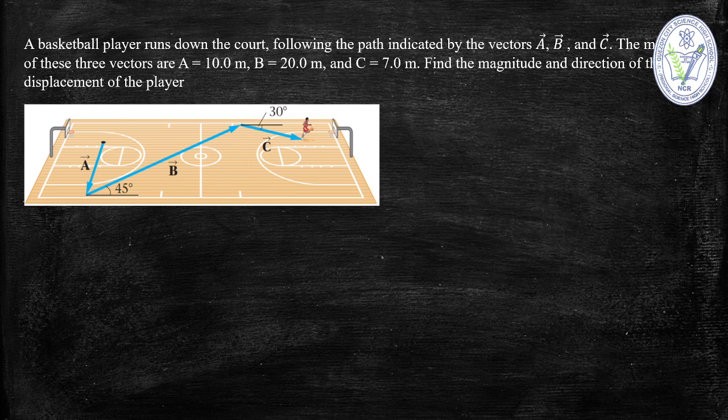A basketball player runs down the court following the path indicated by the vectors A, B, and C. The magnitudes of these three vectors are: vector A is 10 meters, vector B 20 meters, and vector C 7 meters. So we want to find the magnitude and direction of the resultant vector.